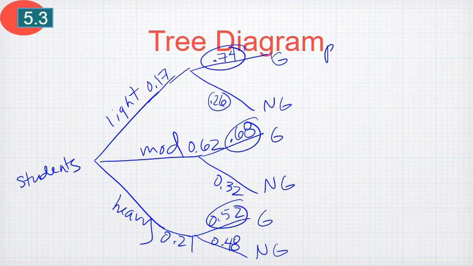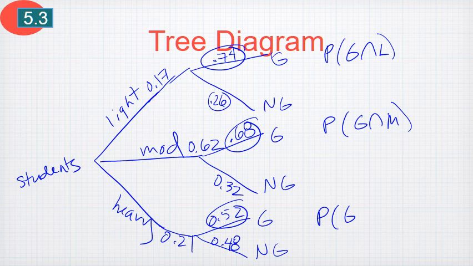So if I find the probability of good grades and light, good grades and moderate, and good grades and heavy users, then when I add all these up, I'll get the probability of everyone with good grades, right? So when I add these 3 numbers together, I should end up with all of the people that had good grades.